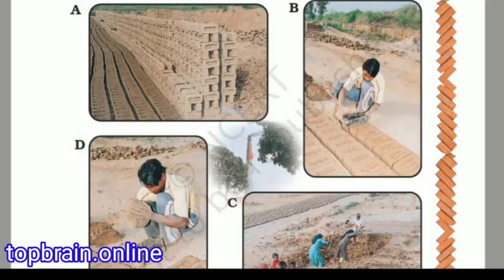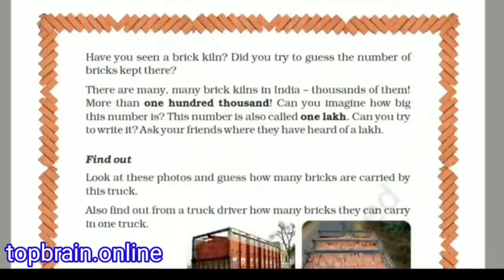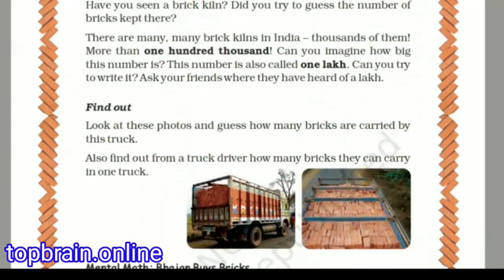Okay children. Now can you guess how many kilns are in India? In India there are more than 100,000 kilns. So do you know 100,000 is also called 1 lakh. So 1 lakh is equal to 100,000.